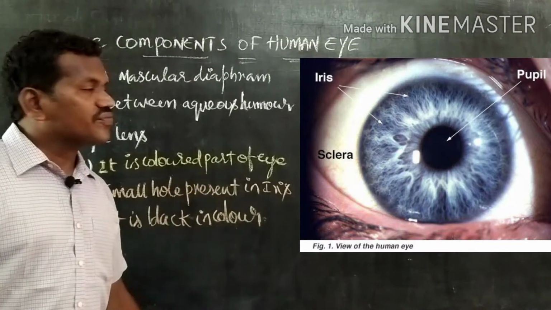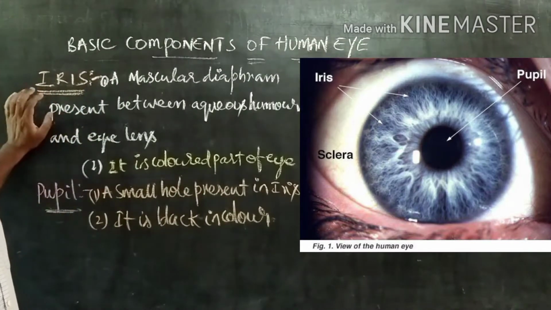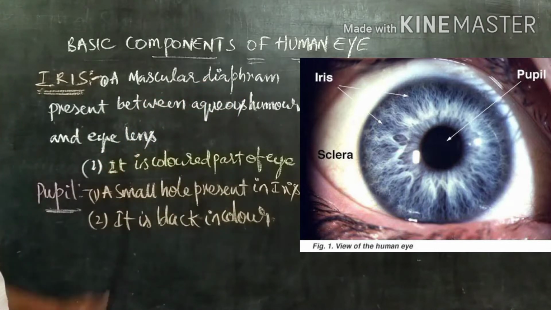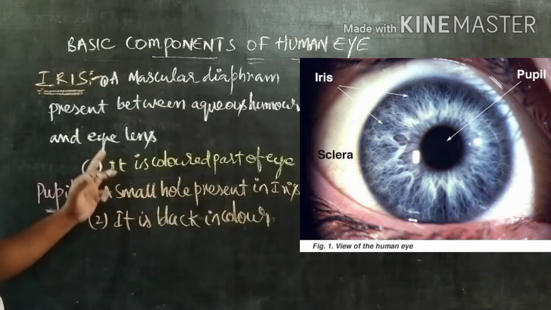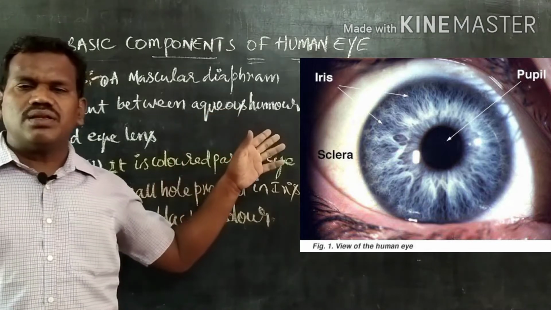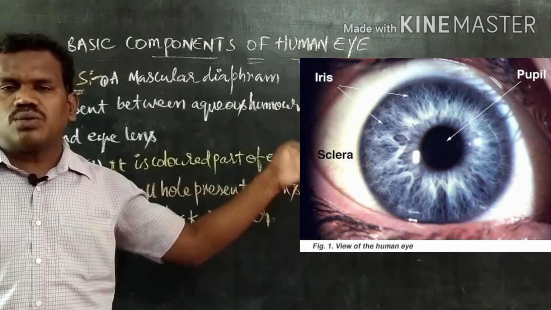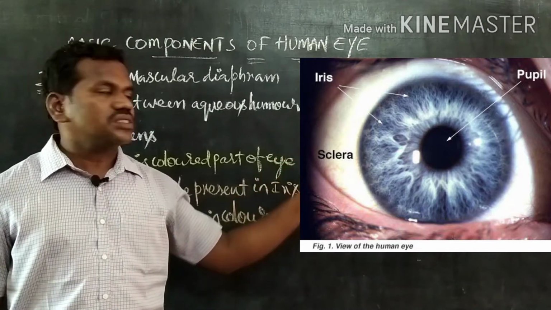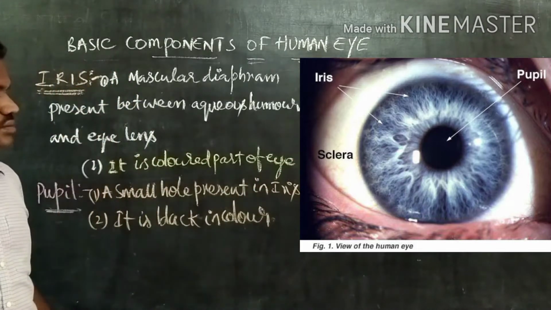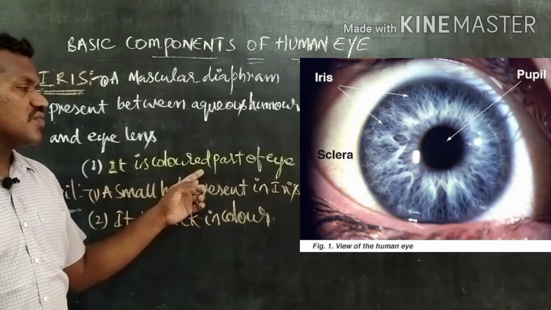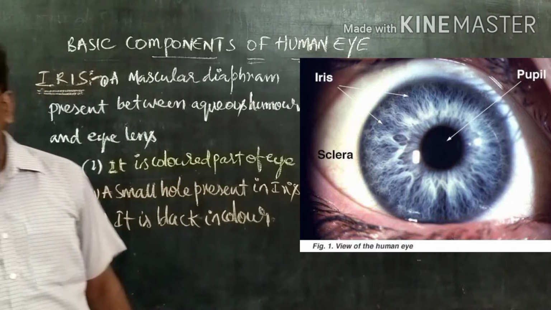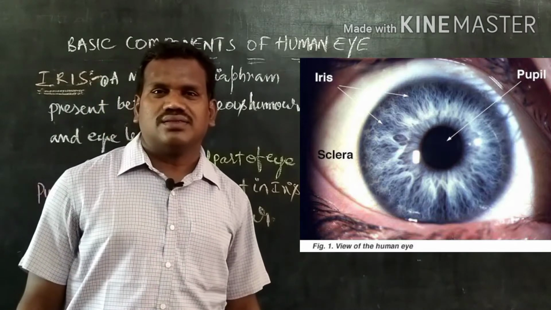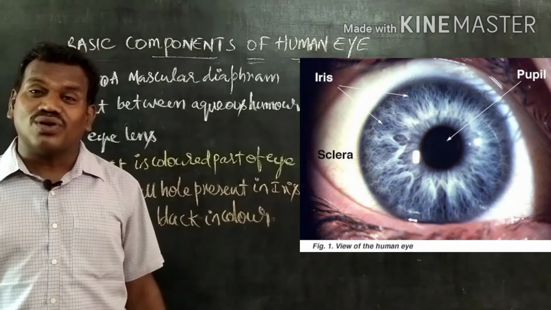The next part of the eye is the iris. It is a muscular diaphragm present between the aqueous humor and the lens. There is a curved or circular part we can observe in the eye, that is nothing but the iris. It is the only colored part of the eye. Some eyes are blue, some are brown.